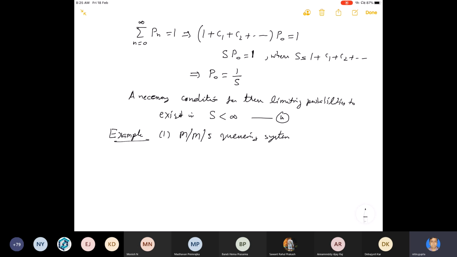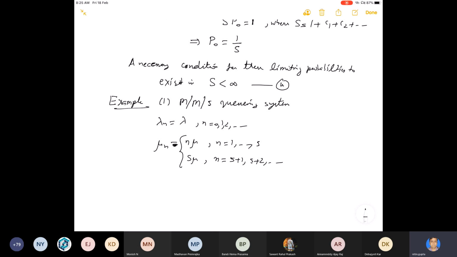For example, some programs are coming to be processed at the servers according to the Poisson process, and they are processed according to exponential distribution, and S servers are there. We already know that lambda n is lambda, n is 0, 1, 2, and so on, and mu n is n mu, n is 1 to s, and this is s mu when n is s plus 1, s plus 2, and so on. This we have already derived.